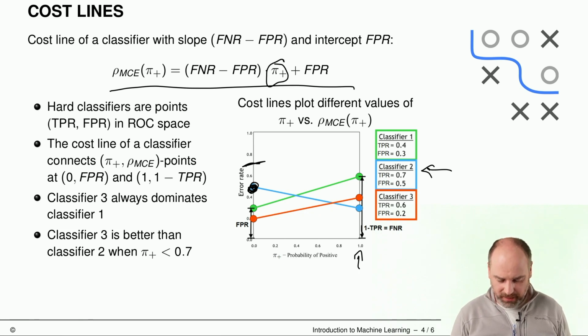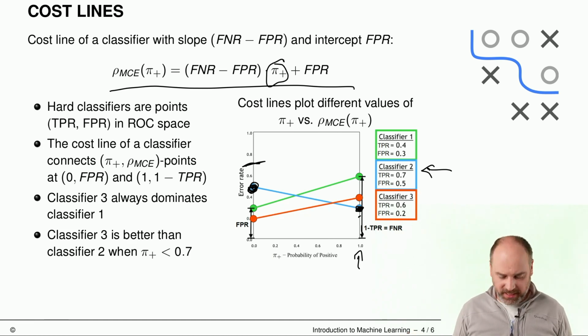If pi plus is 1, we have FPR minus FPR, so this cancels out. So the second point will simply be the false negative rate, which is 1 minus TPR. In the standard coordinates in ROC space, for the blue classifier number 2, the TPR is 0.7, so our second point is the FNR of 0.3. We mark this here, we connect the two dots, and we are done. Okay.